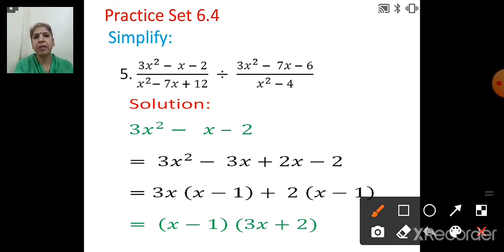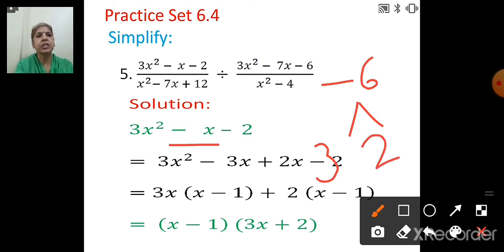We will solve it. X square has coefficient 3. Multiply with minus 2, so you will get minus 6. And we will find the factors of minus 6. The middle term is minus x, it means its coefficient is 1. Difference is 1. So which factors will we take? Factors of 6 are 1 and 6, 3 and 2. So we will take 3 and 2.